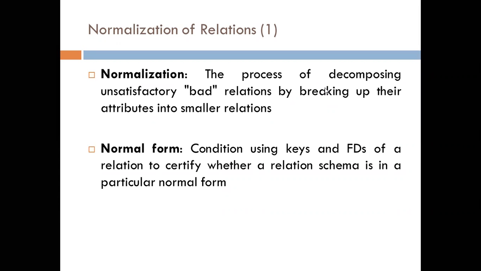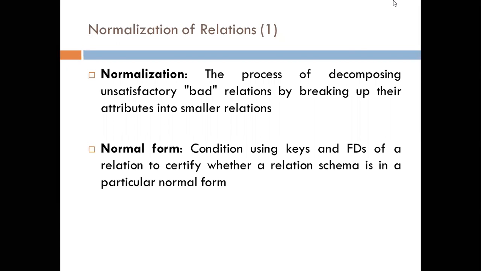That depends on the normal forms. A normal form is a condition which is defined using the key and a functional dependency of a relation to certify whether a relational schema is in a particular normal form or not. So normal form is nothing but a rule. If that rule is satisfied, then we say it is following the normal form.